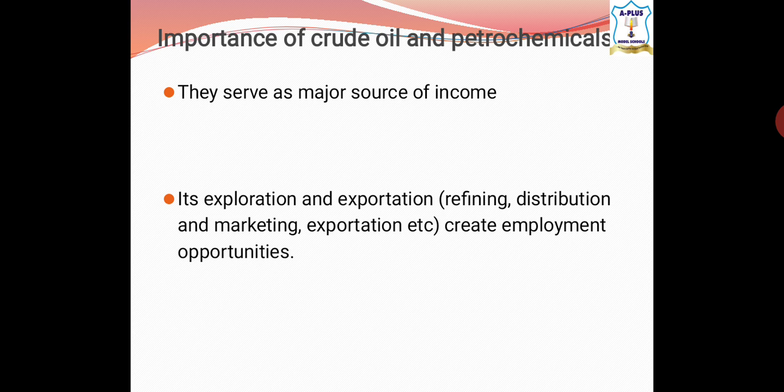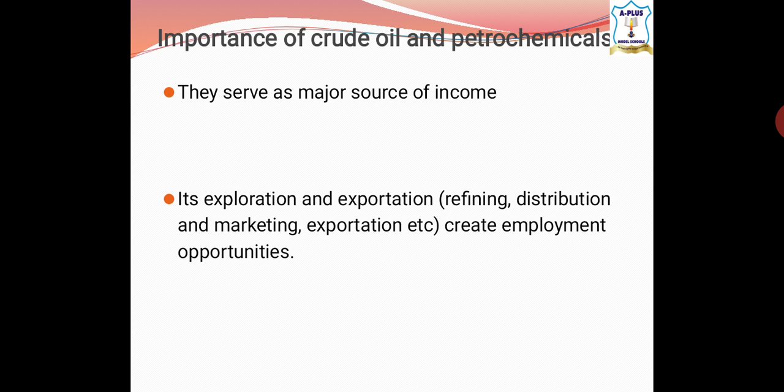The time Nigeria went into recession, there was no money to pay workers and the government was bankrupt. It was as a result of low patronage of crude oil all over the world, so the price of crude oil came down.